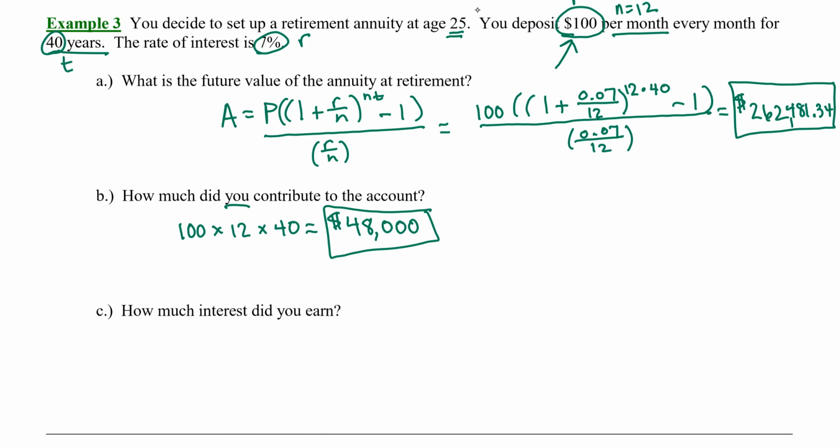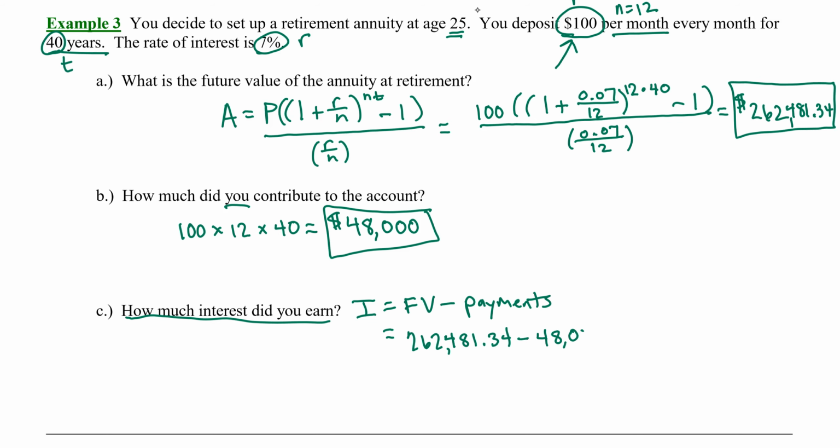Here is the fascinating question. How much interest did you earn? Well, we're going to find the interest, we're going to take the future value minus the sum of our payments, or our contribution. The future value was $262,481.34. Our contribution was only $48,000.